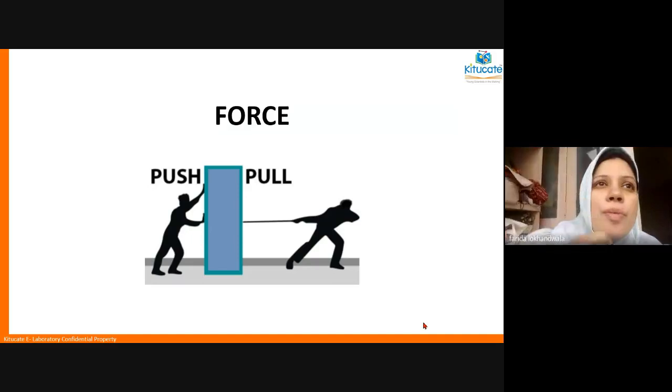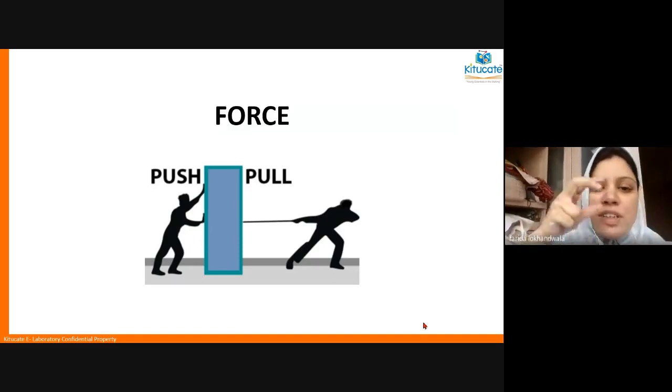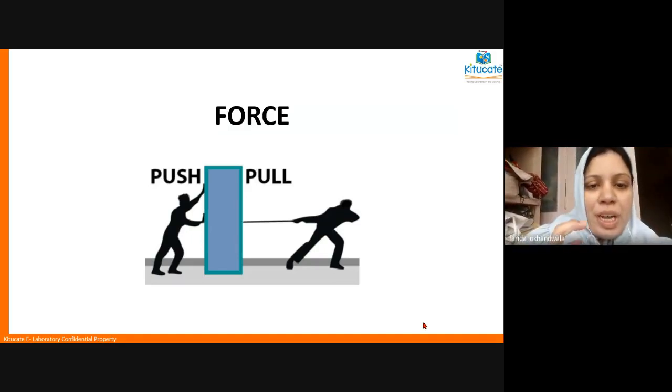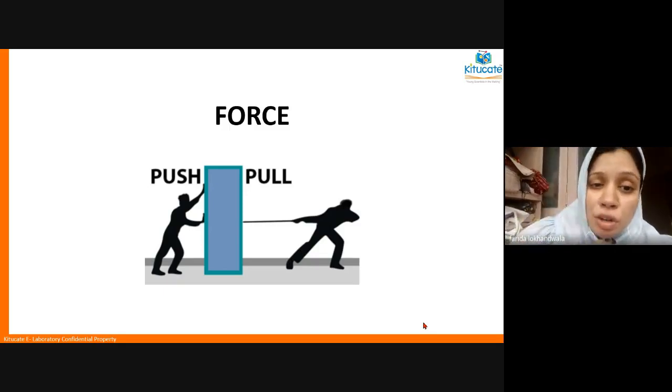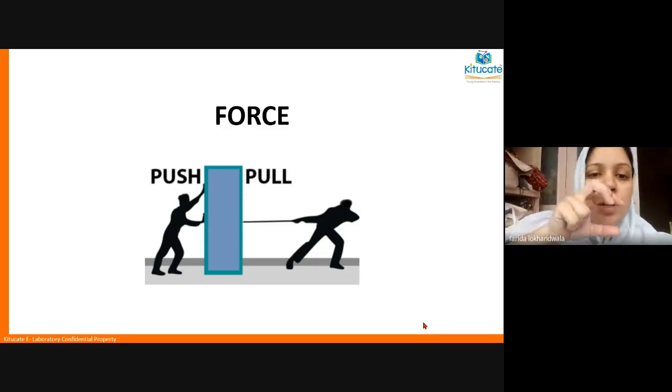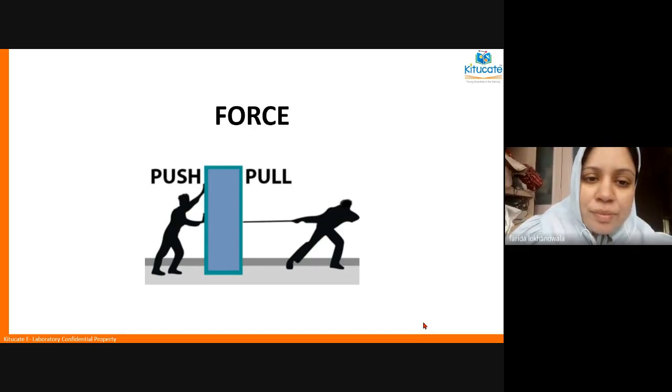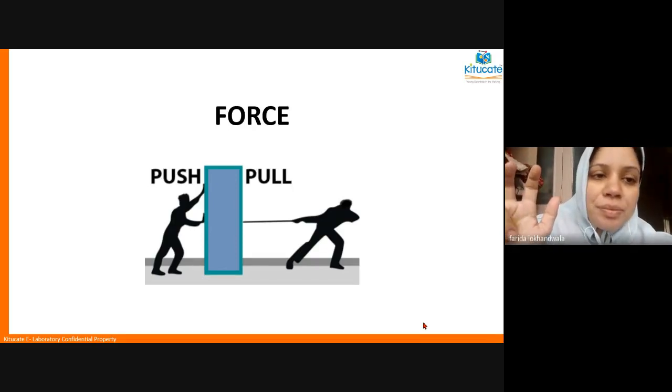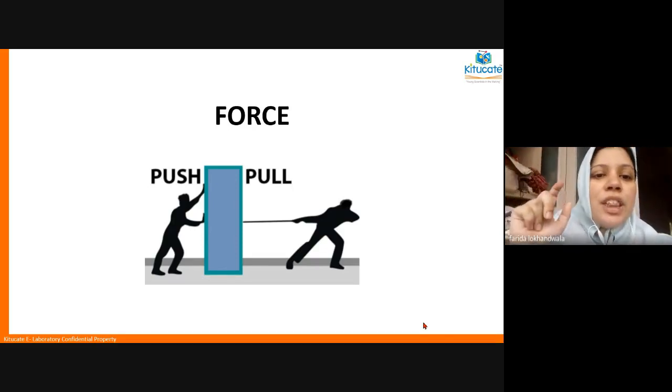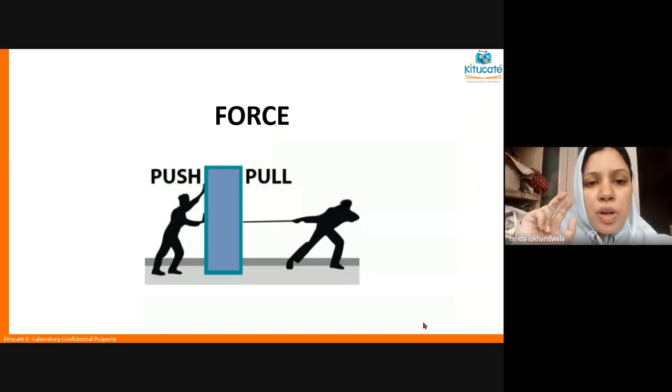Okay, so now we join the words that you all have given me. The energy that is there within yourself, you are using to move something, correct? So it could be in the form of a push or a pull.